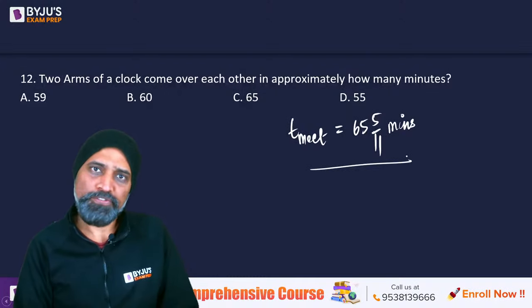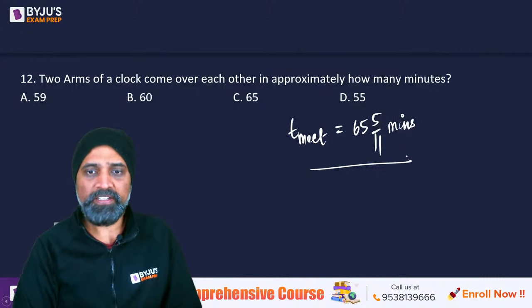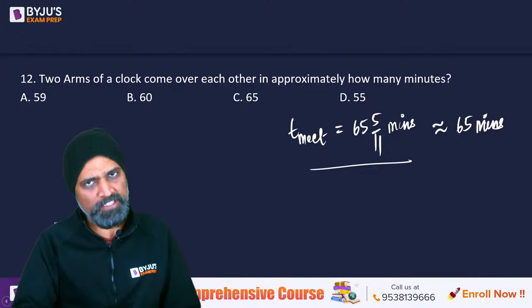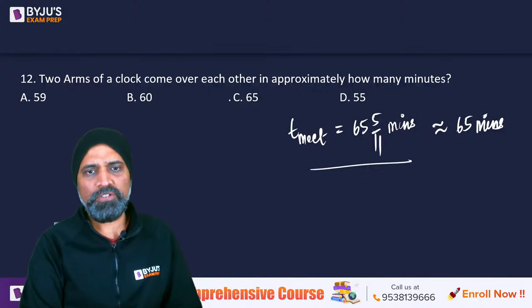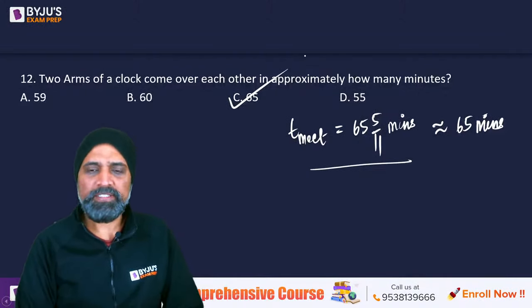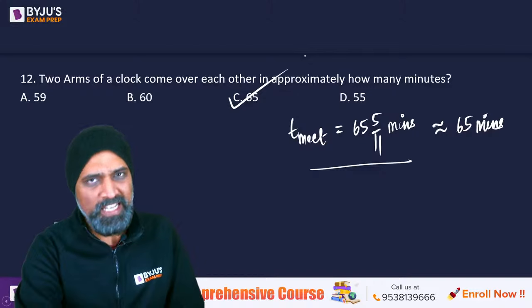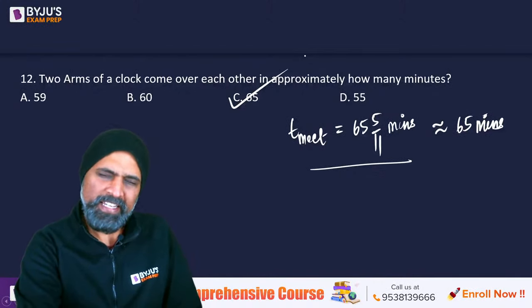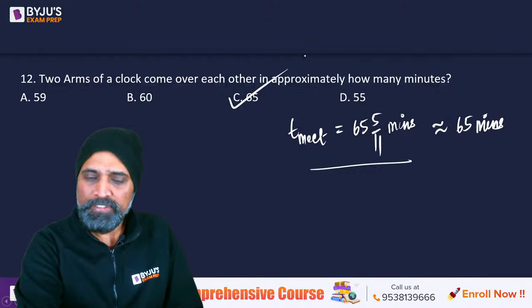This is a part of clocks and calendars topic, right? So if you know this, you know that this is approximately 65 minutes. It's actually a little over 65 minutes. So none of the options is closer to that, right? This is actually less than 65.5. So rounding off will take us to 65.